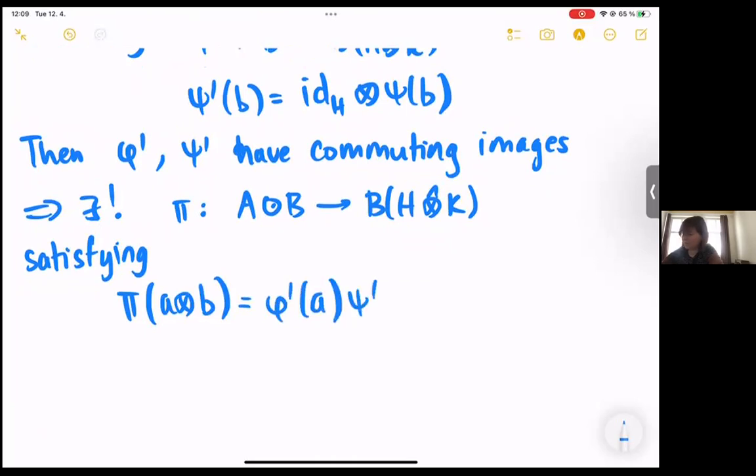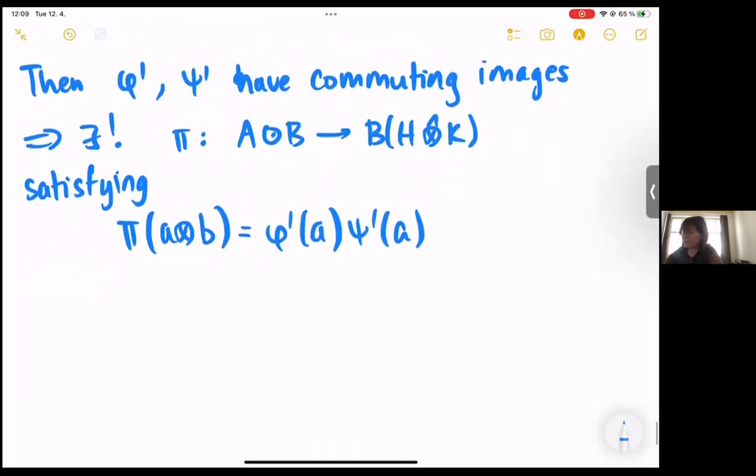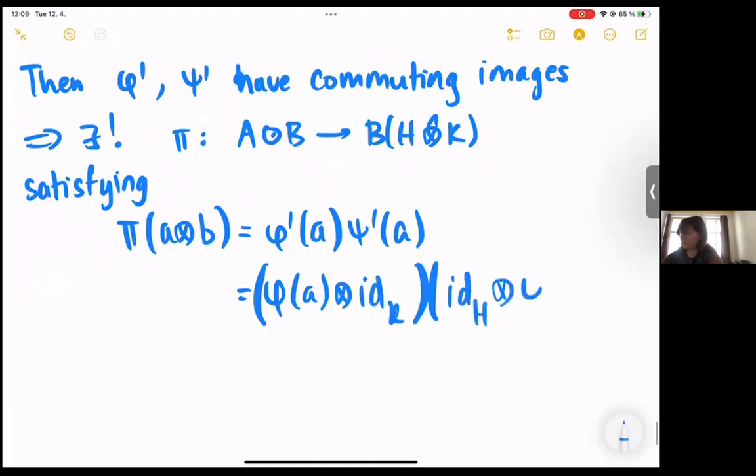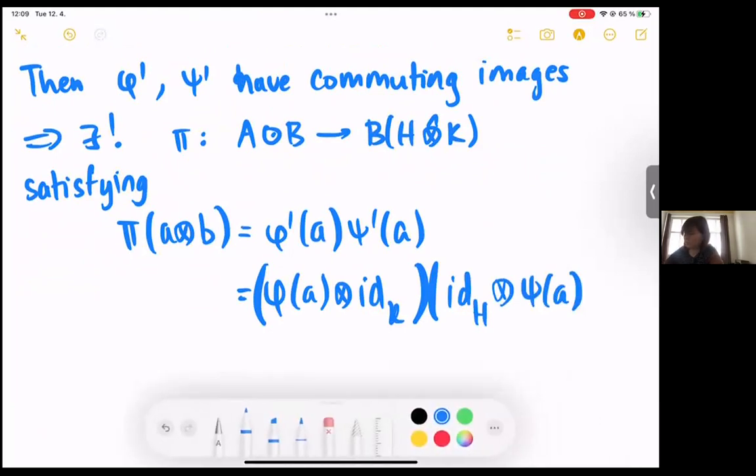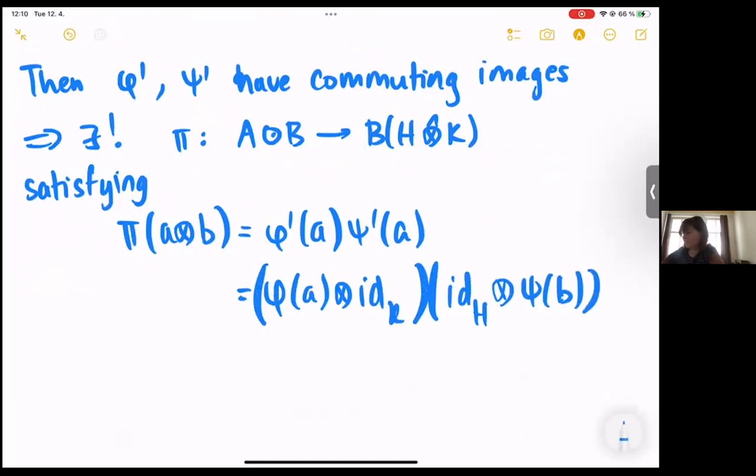So by the previous lemma, this is phi prime of A times psi prime of B. Well, that's just phi(A) tensor ID_K times ID_H tensor psi(B), which is just what we want. That should have the hat, sorry.